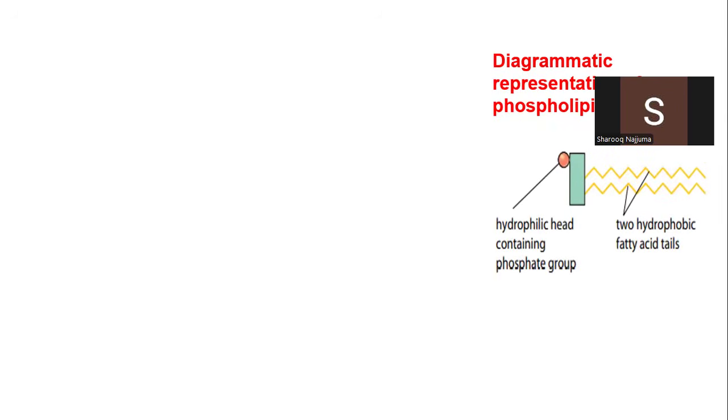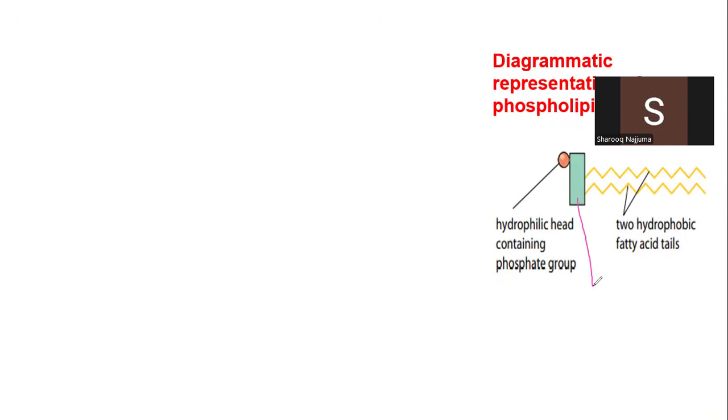Now, before we go into the structure of the cell surface membrane, I'm wondering if you remember the structure of a phospholipid. Why do we need to learn about phospholipids? Remember that phospholipids make up part of the cell surface membrane, so we need to understand their features.